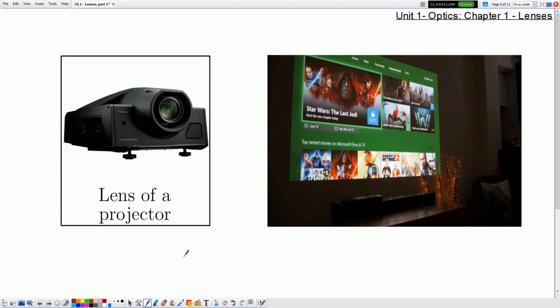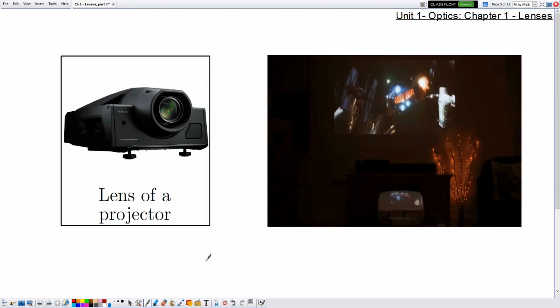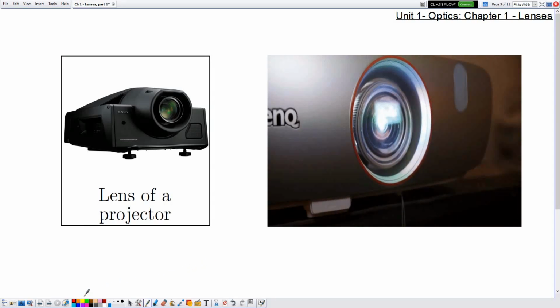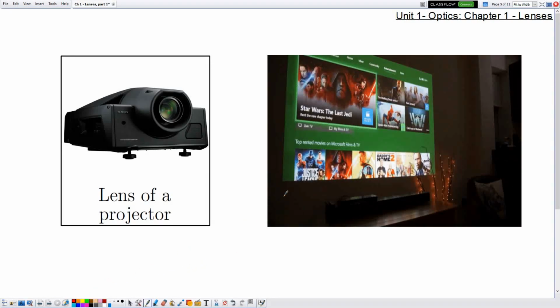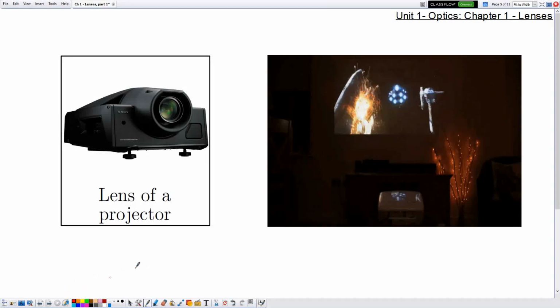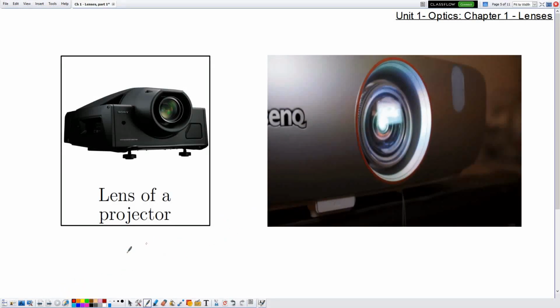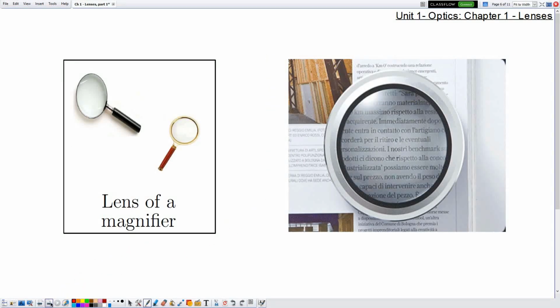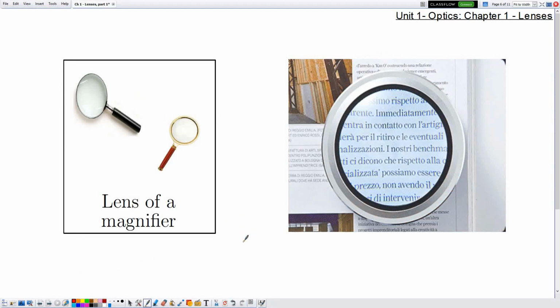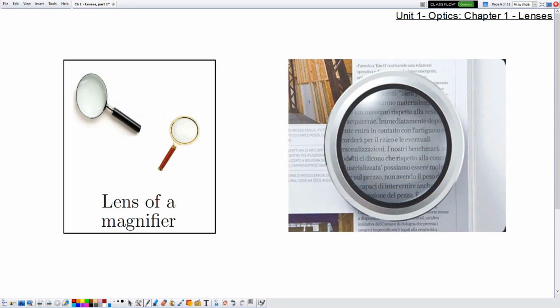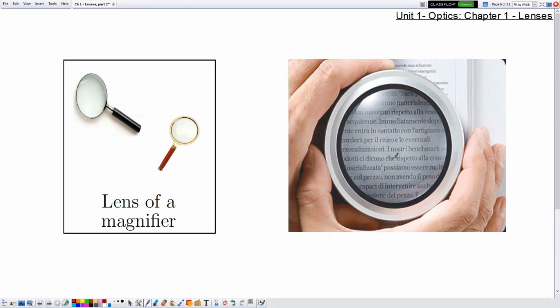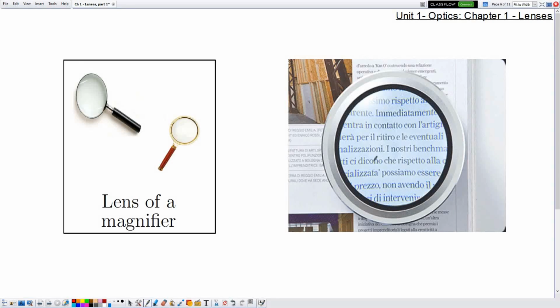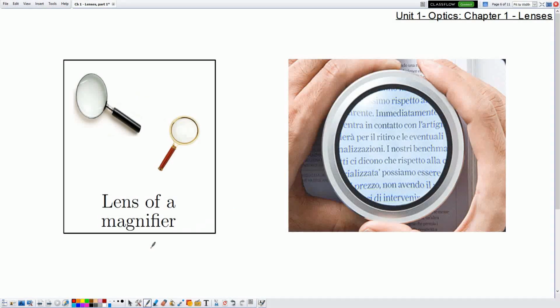Also, the lens of a projector that is used at home and in theaters, which allows it to project the image on a screen. In this case, it is the wall. Magnifiers are also made up of lenses through which we see a magnified image of the text, as we can see here in the animation.